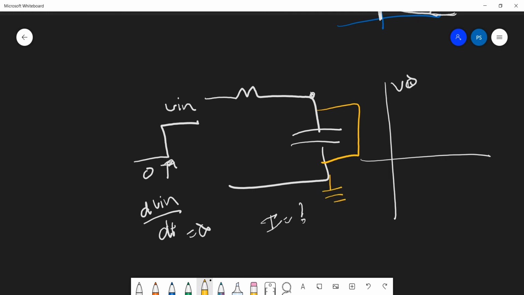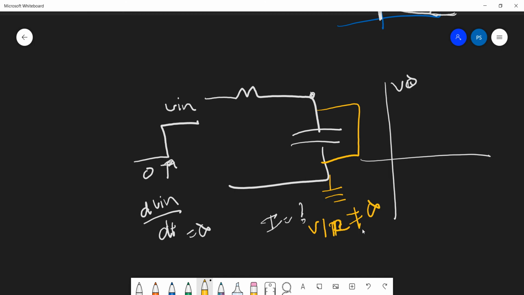So what will be the current now? The input is V in at this point, correct? You have applied V in instantaneously, and the resistance in this path is just R. So the current would be V by R, and this is not equal to infinity.